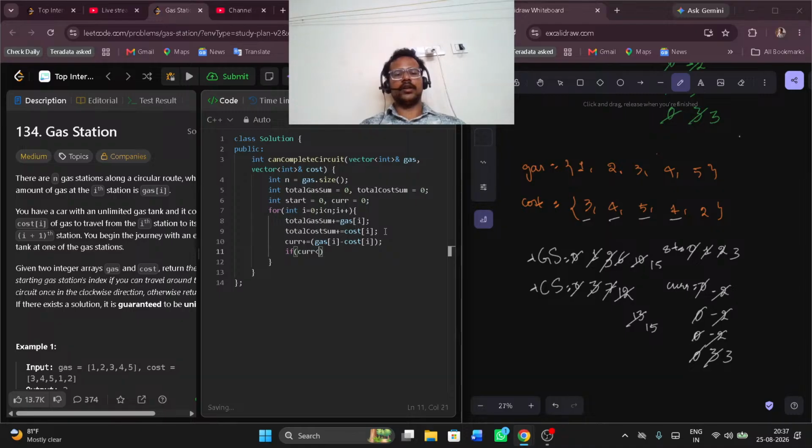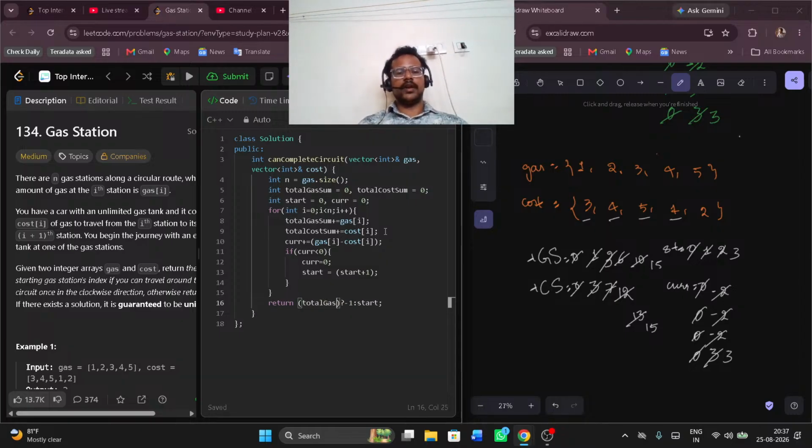So if current is lesser than 0, I'll just put current equal to 0 and start equal to start plus 1. Now return -1 or start. When will I return -1? When total gas sum is less than total cost sum, right?